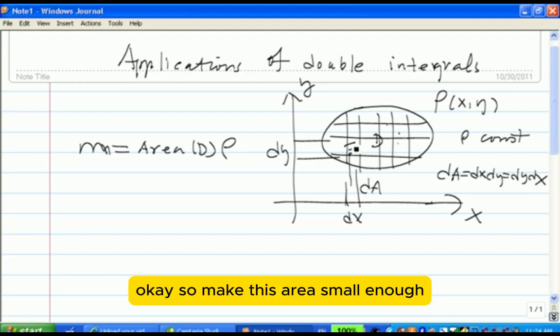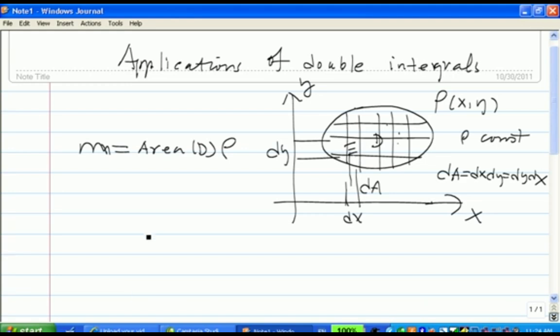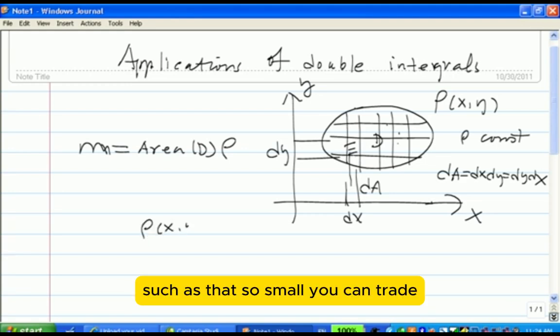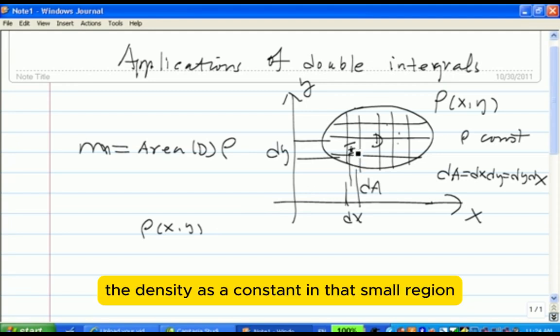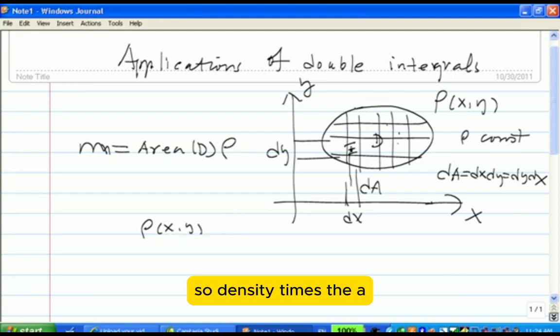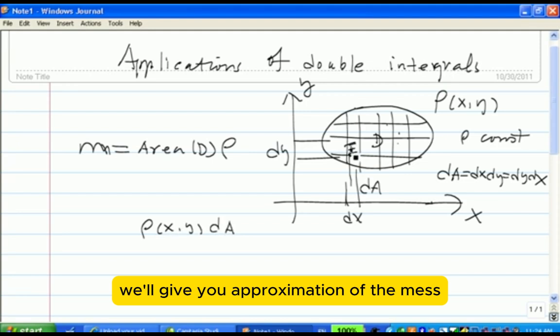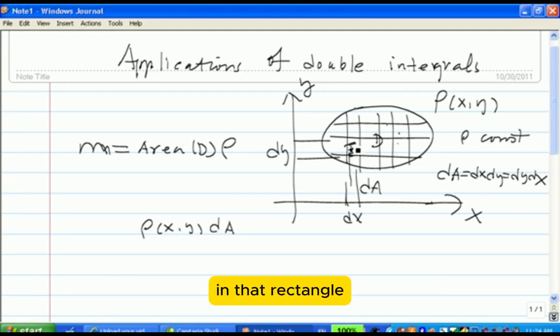Okay, so make this area small enough, so small you can treat the density as a constant in that small region. So density times dA will give you an approximation of the mass in that rectangle.